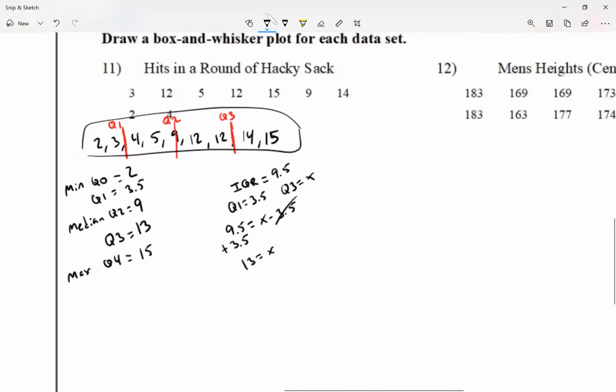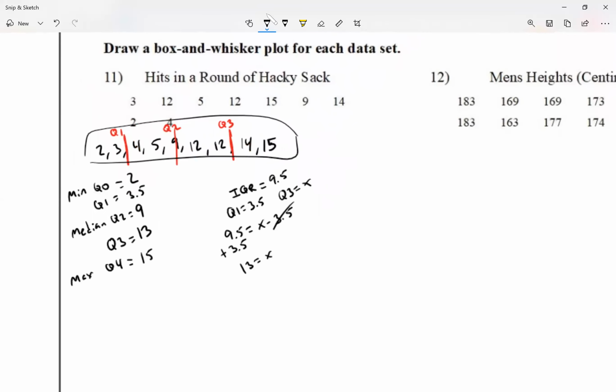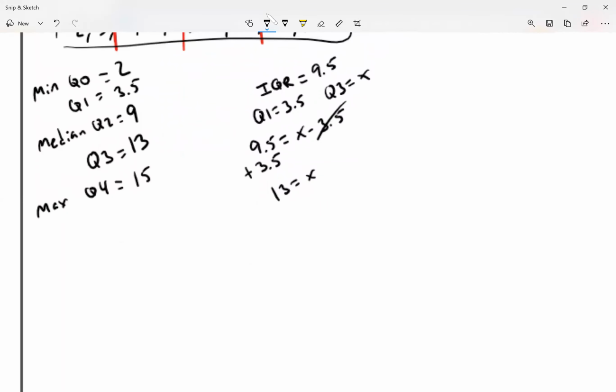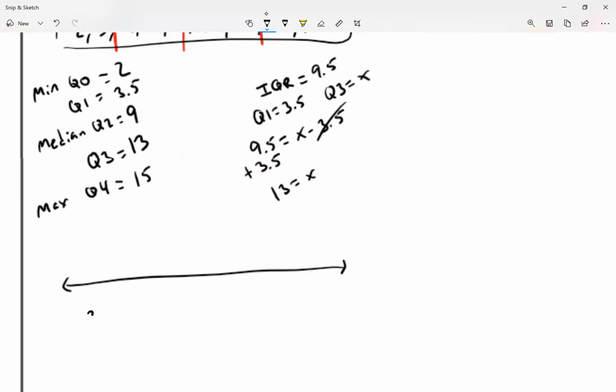Okay, but now the question here was not complete the list. The instructions here were draw a box and whisker plot. Okay, so you guys will see on your screen that you guys have to move some points. So I'm gonna do my number line. The numbers that I need are 2. Here's 2. I need 3.5, which is basically in between 3 and 4.